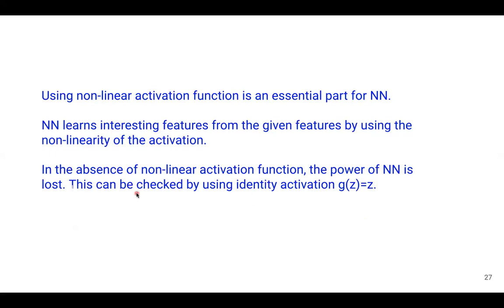If you just, let's say, replace your nonlinear function by an identity function, let's say g(z) equal to z, so no nonlinearity, just identity, then you will see that the neural network suddenly cannot perform well at all. So all the power that it had is now lost. So the nonlinearity is very important.